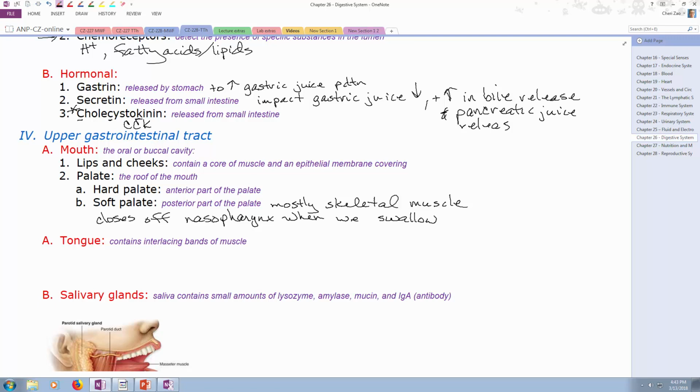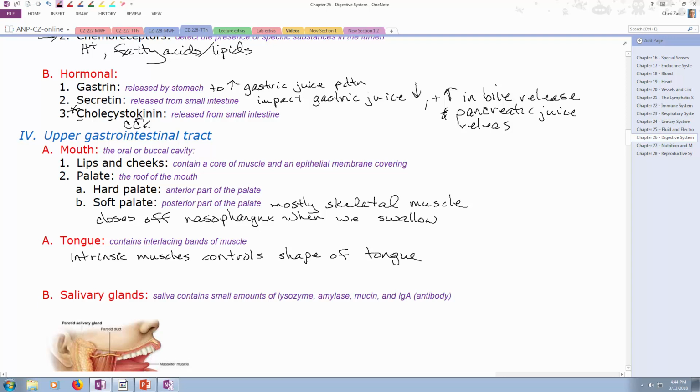And so we have these muscles of the tongue called intrinsic muscles. Which are the interlacing bands of skeletal muscles that controls the shape of the tongue. And the interlacing pattern allows you to do certain things.